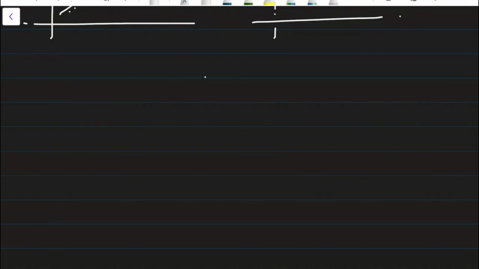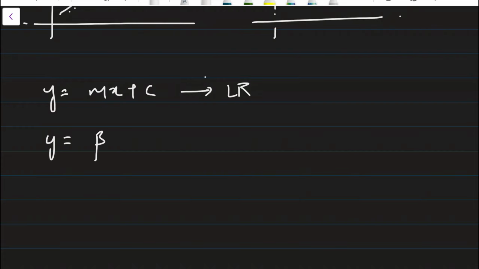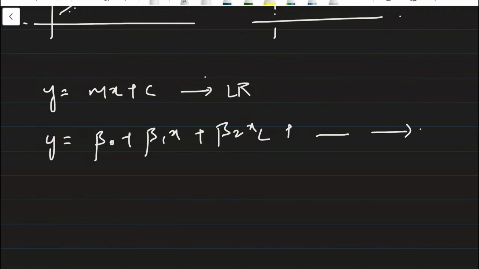Let me tell you the equation. y equal to mx plus c, this is linear regression. y equal to beta naught plus beta 1x plus beta 2x2 and so on, this is multiple linear regression.